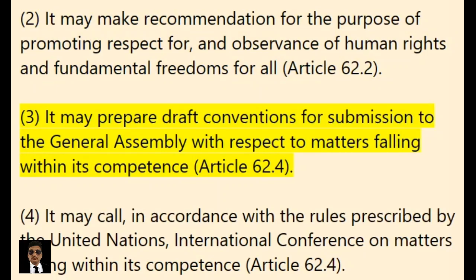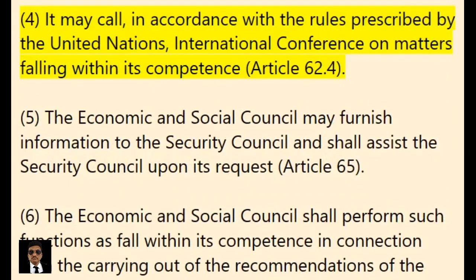3. It may prepare draft conventions for submission to the General Assembly with respect to matters falling within its competence. Article 62.3. 4. It may call, in accordance with the rules prescribed by the United Nations, International Conference on Matters Falling Within its Competence.